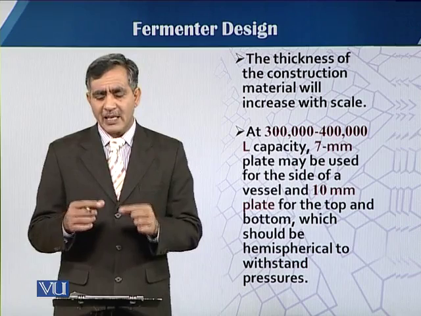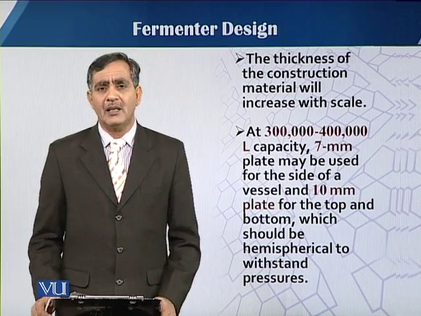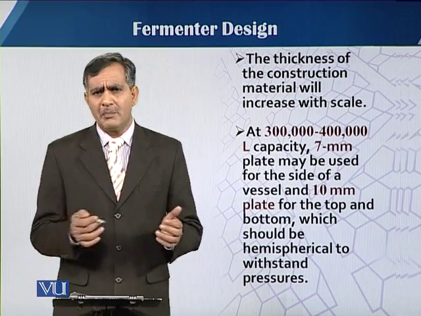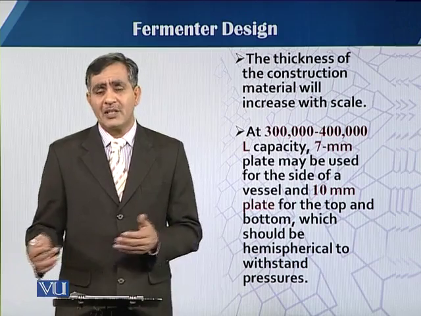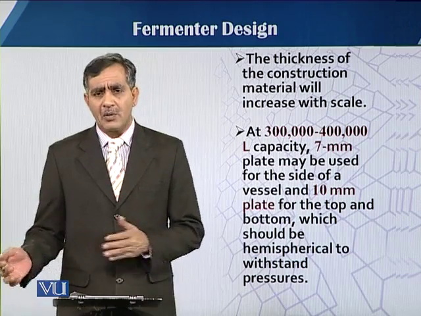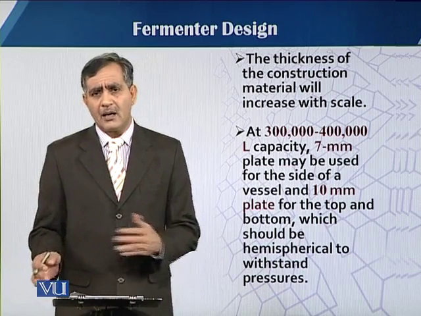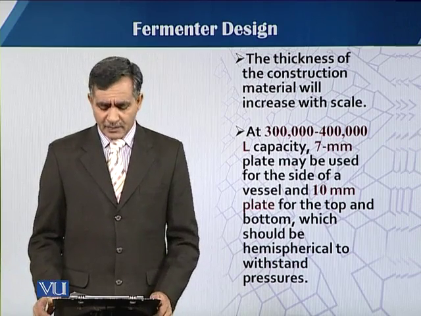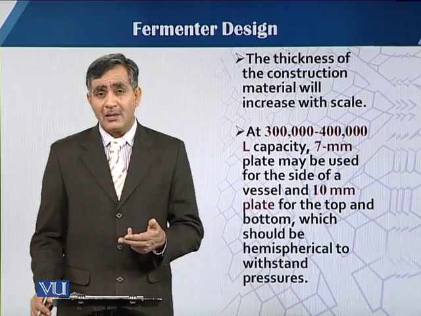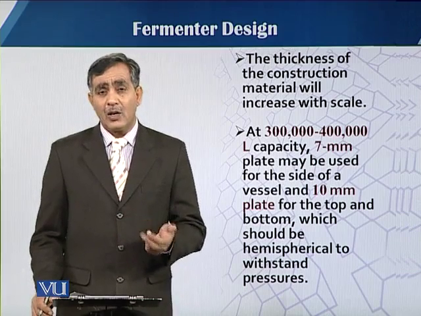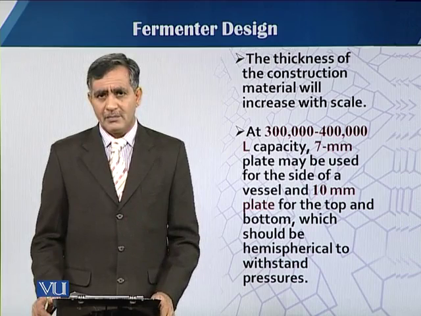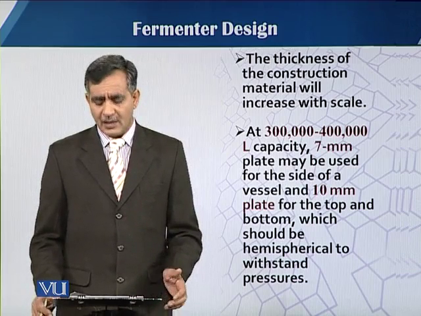With the thickness of that material, there will be conduction of heat from the outside to the inside, and then vice versa. So the construction material along with its thickness is very, very critical.